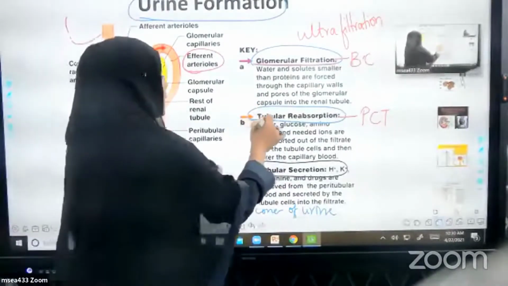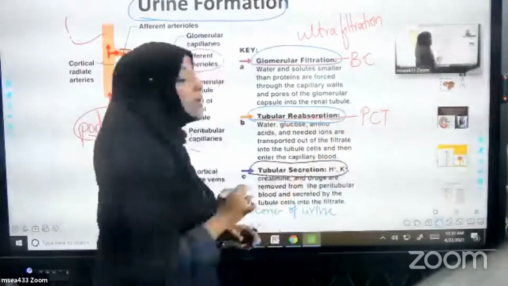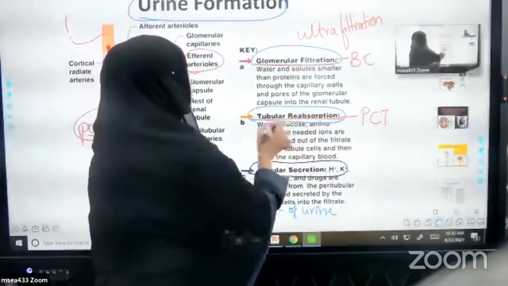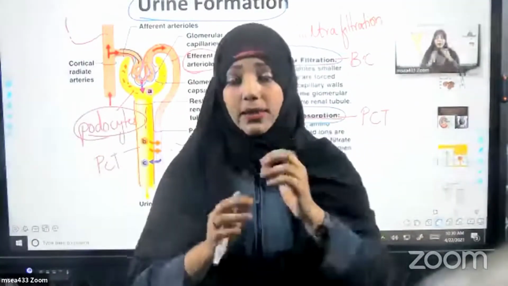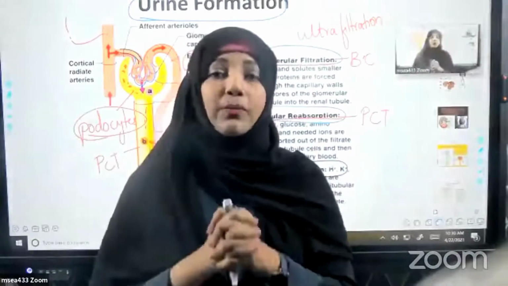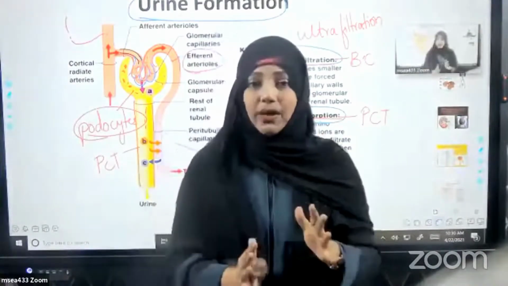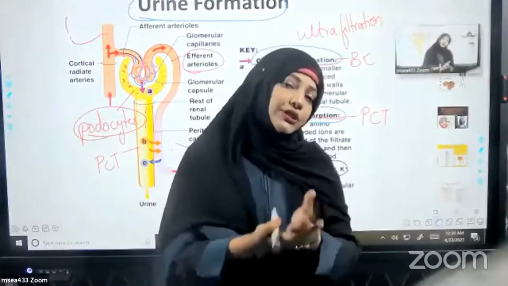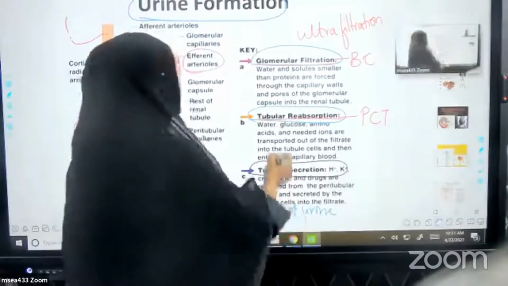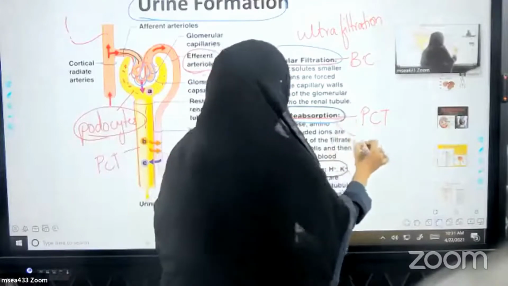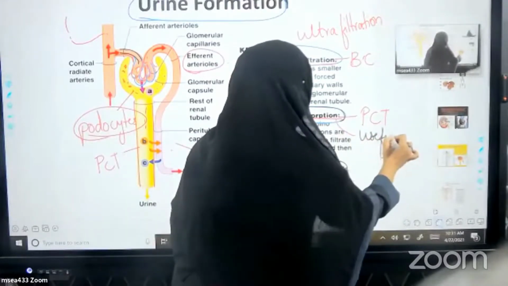Here in the proximal convoluted tubule, tubular reabsorption occurs. What happens in tubular reabsorption? As I said, the primary urine is almost equal to the composition of the blood except for the blood cells. You don't have the blood cells, but the other composition is almost equal to the blood. So here in the PCT, reabsorption of useful substances takes place.